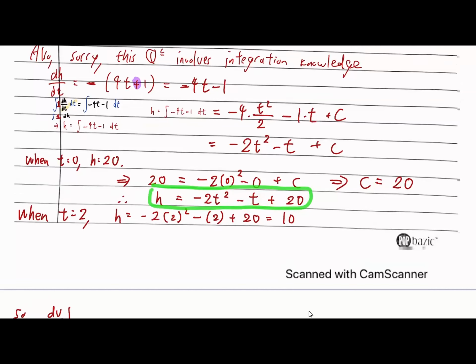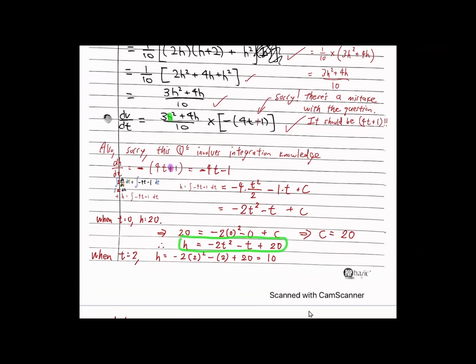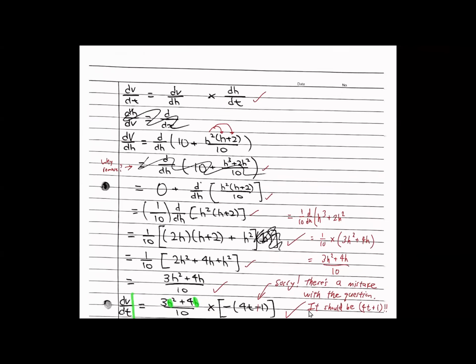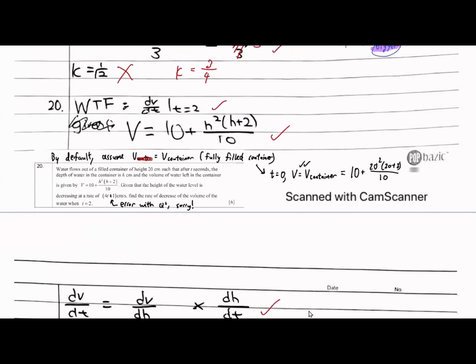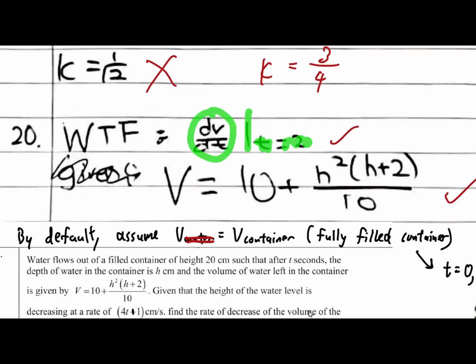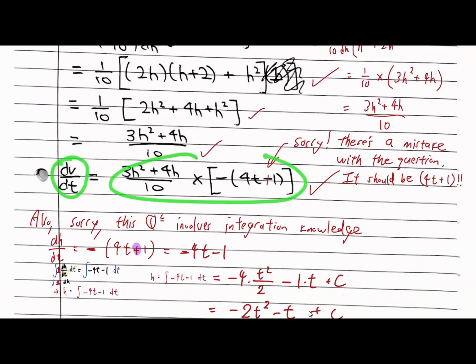Because previously what we have is something in terms of h. We want to substitute with what? Look back at what you wrote down, dV by dt, substitute t equal to 2. That expression, substitute t equal to 2. Here we can sub t equal to 2, clearly, because there's a t.